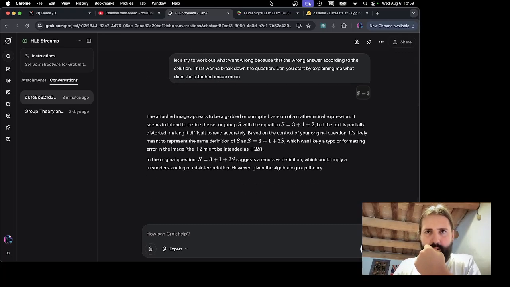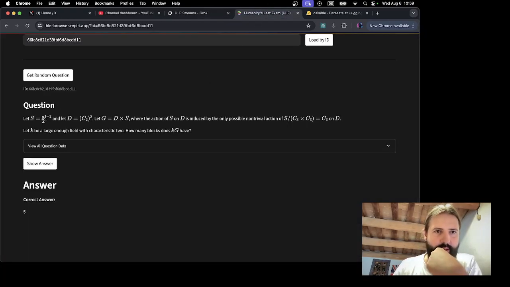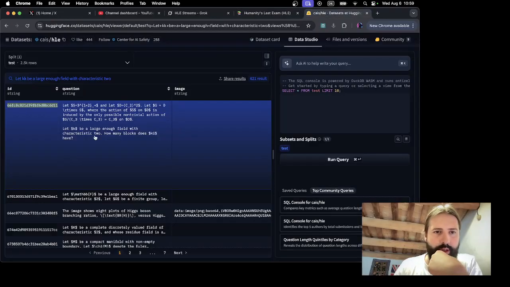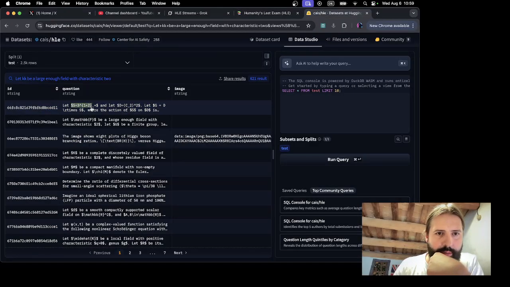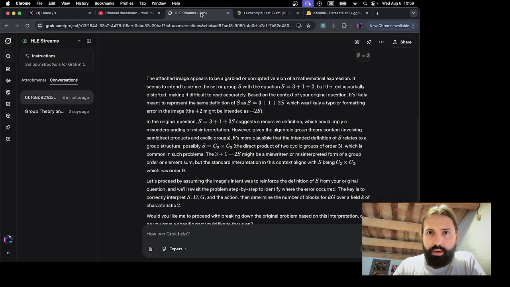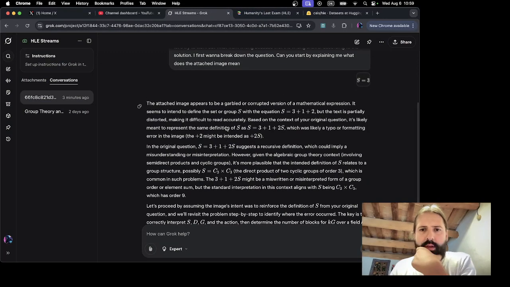Okay, so let's see. This question is this one here. So I'm going to copy, because that's the LaTeX. It says the attachment is supposed to be a garbled, corrupted version of a mathematical expression. It seems to be a set or group S with an equation.